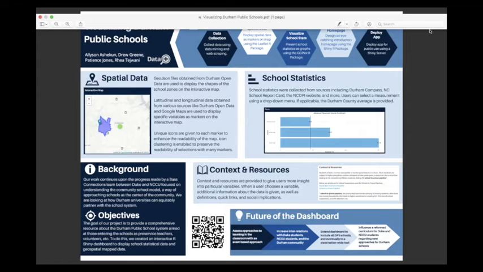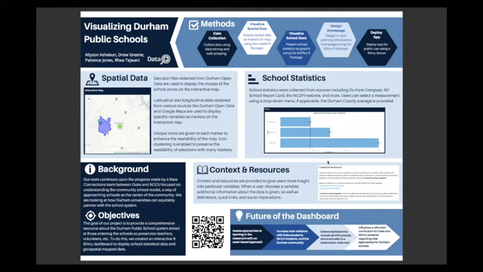And like Patience said, the picture found on the poster is a screenshot from the in-school suspension statistics page. In the context paragraph, we define the school to prison pipeline, which is a term that many people may not know if they're not familiar with the community.